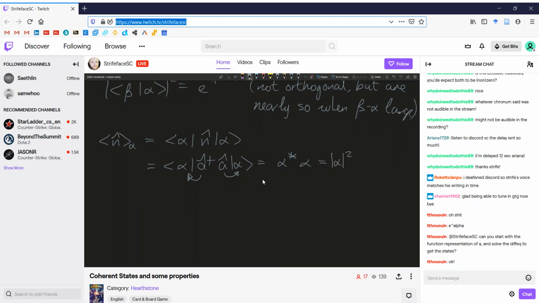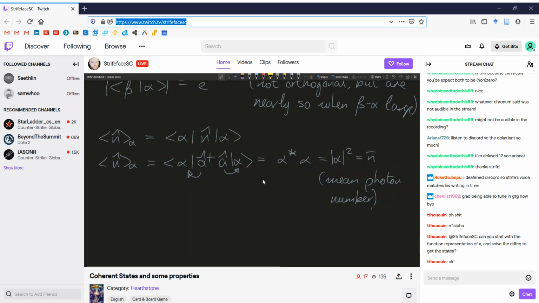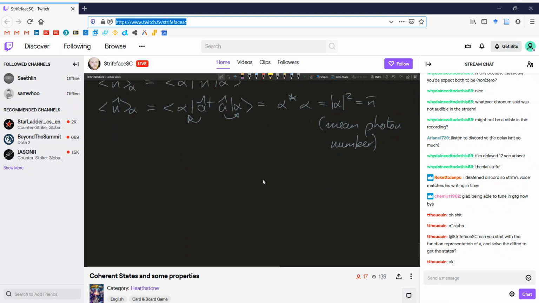Now it makes sense to do what we've done before and evaluate the variance. So we're going to calculate n squared, but we're going to use the definition A dagger A. I write it out like this because ordering is important in quantum mechanics.